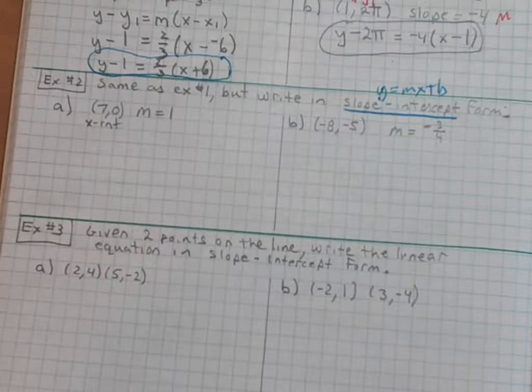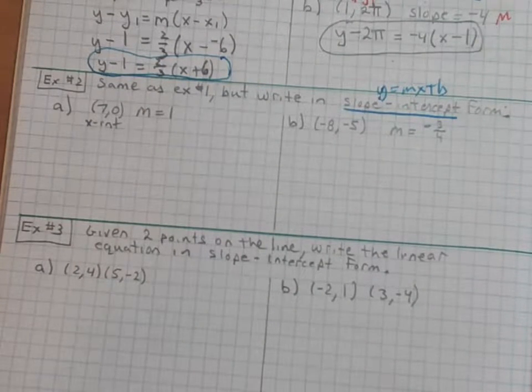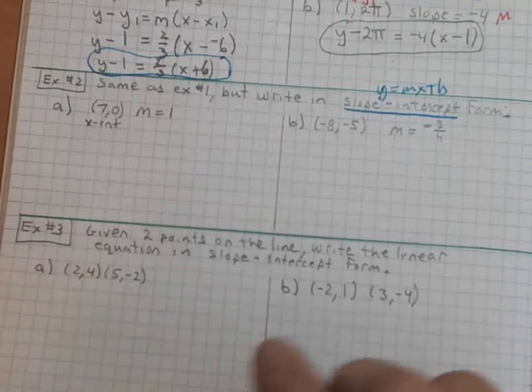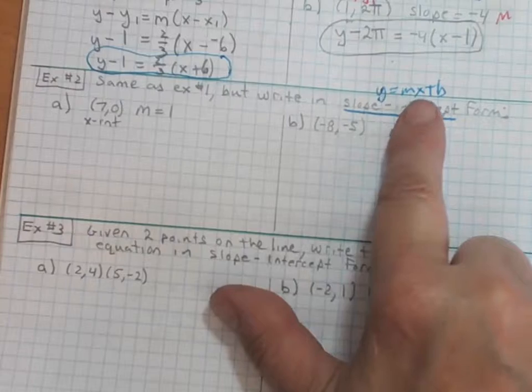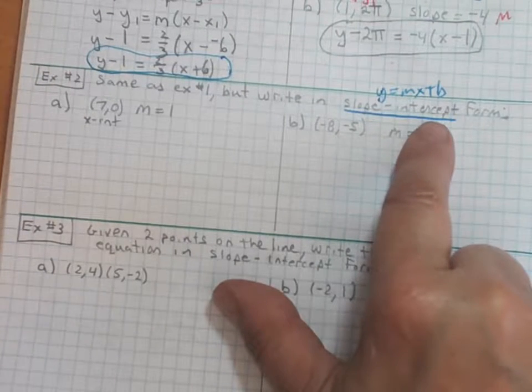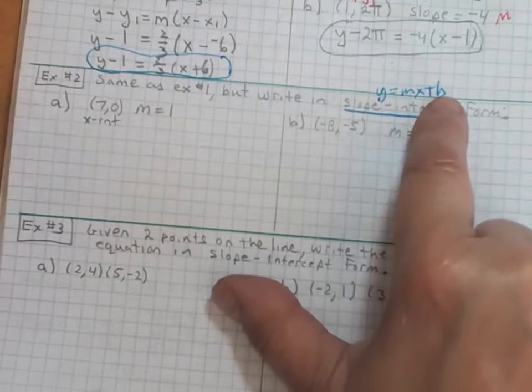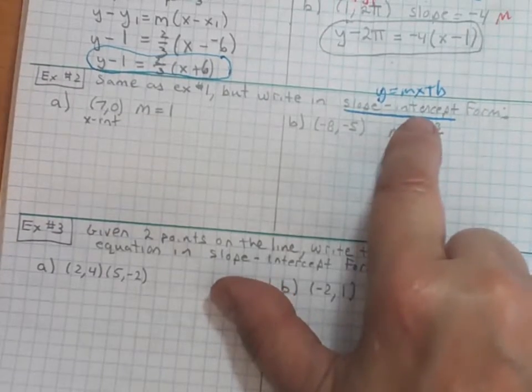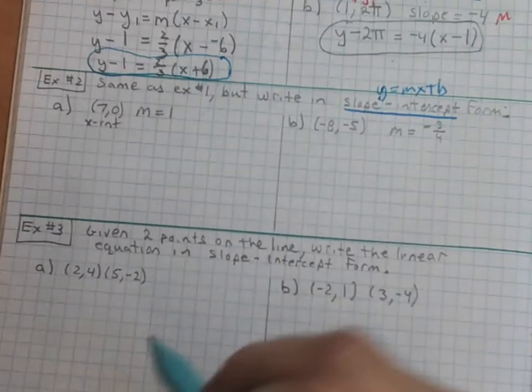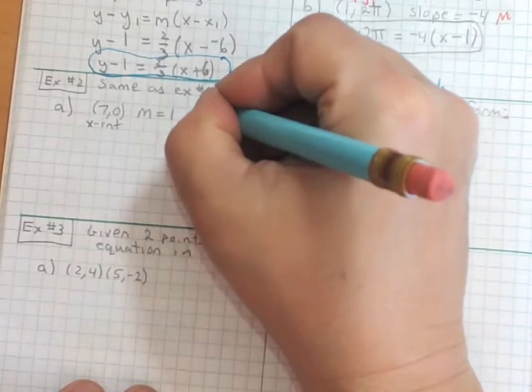All right, so I'm going to use point slope form to help me, and then I'll solve for y to get it to look like this. Okay, so if you're not given the y-intercept, you can't just plug in a number there. You've got to have a y-intercept for that. So when that happens, use point slope form first. Let me make a note of that.